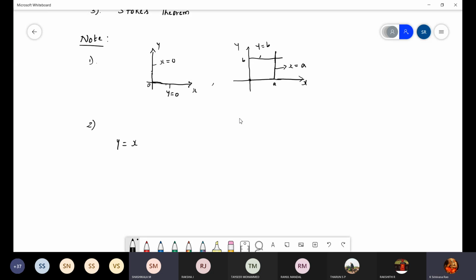And what's the angle? This is the equation of the line y is equal to x. It always makes 45 degrees with the x-axis, and it passes through the origin.